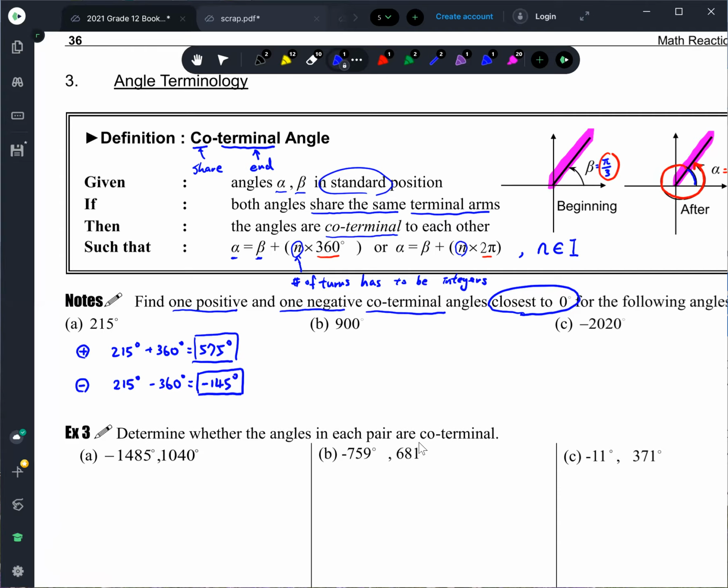Then we call that closest to 0. And same with the negative, you don't do subtracting for this one, because if you subtract, it will be even more negative. We want the one that's closest to 0, so you still need to add. You keep on adding until just before it becomes positive.